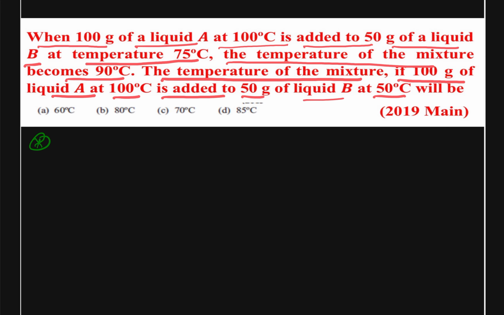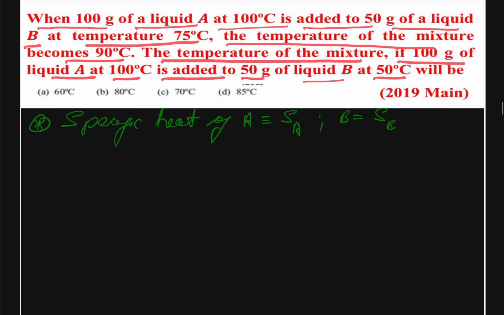So we can say specific heat of A is SA, and for B it is SB. So there are two cases.